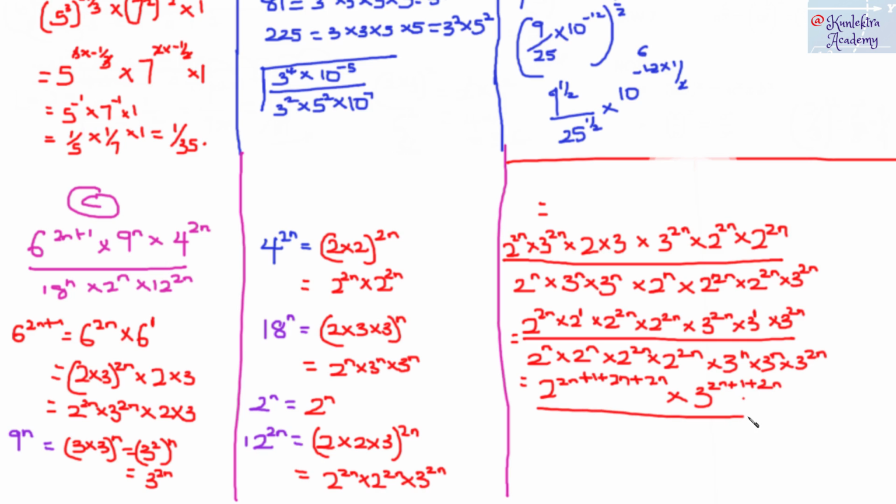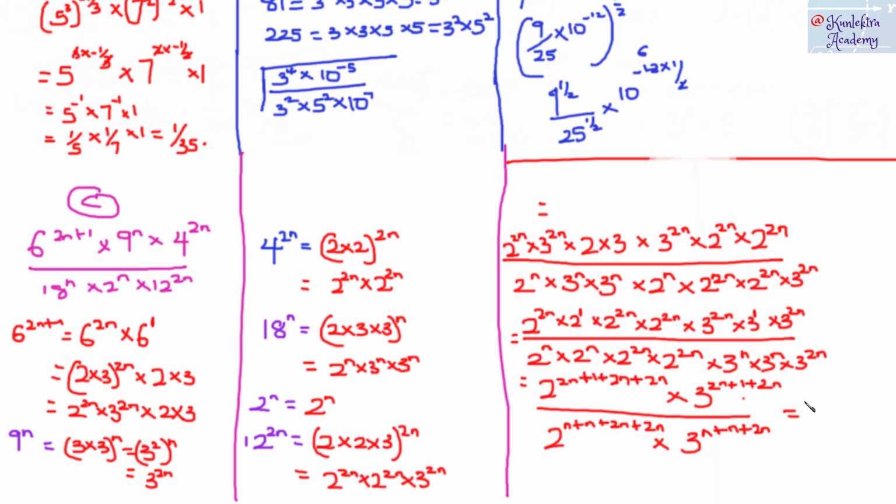Then let's go to the denominator. We have 2 raised to power n, 2n, 2n. That's n plus 2n plus 2n, times 3 raised to power n plus n plus 2n. Then what will this give us? 2n plus 2n is 4n. 4n plus 2n is 6n.